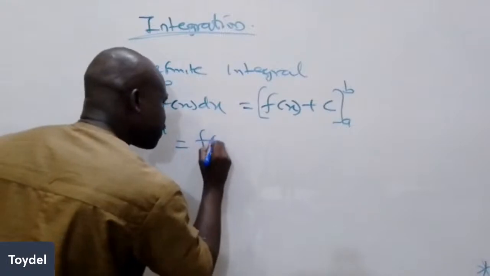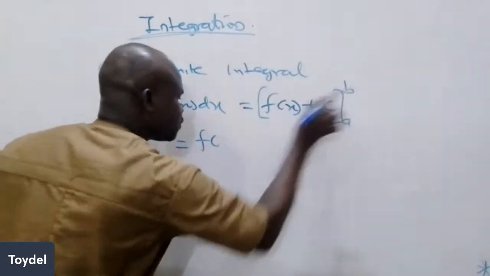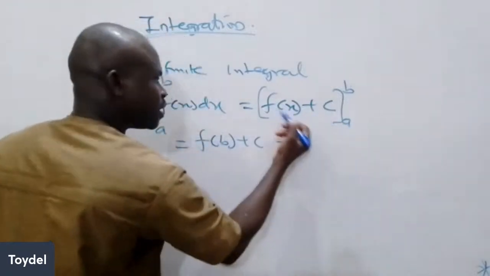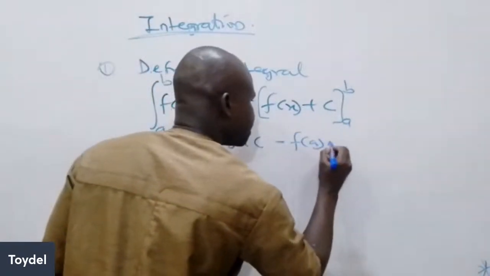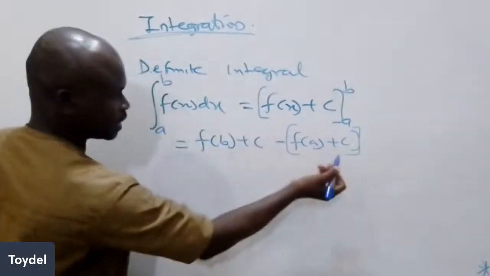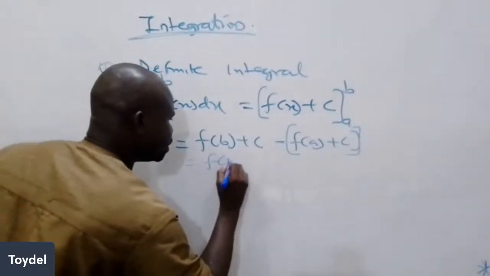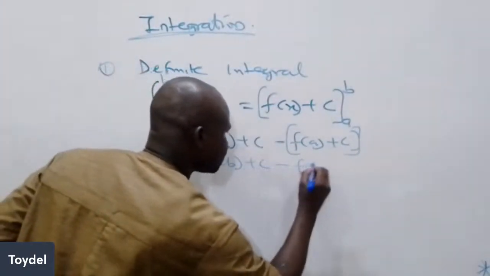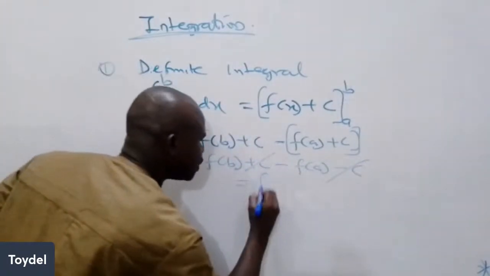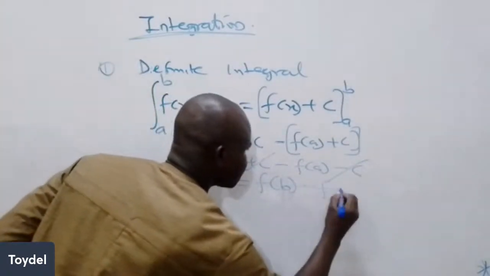So I'm going to have, if I substitute for b, F of b plus c minus F of a plus c. That's what I'm going to have. Of course, the minus will control everything there. Then at the end of the day, I will have F of b plus c minus F of a minus c. This c will take care of this c. At the end of the day, we are going to have F of b minus F of a.